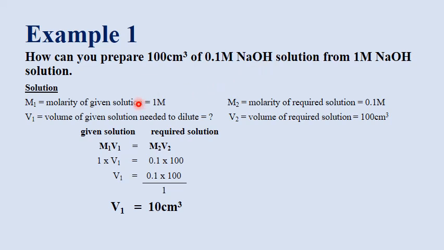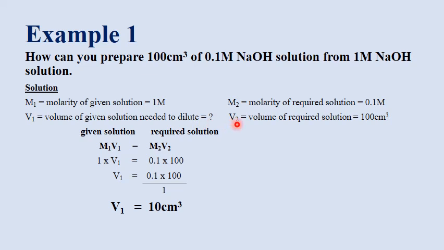The data shows us that M1 is the molarity of the given solution, in this case the stock solution, which is 1 molar. M2 is the molarity of the required solution, which is 0.1 molar. V1 is the volume of the stock solution needed to dilute it, which we are going to find out.